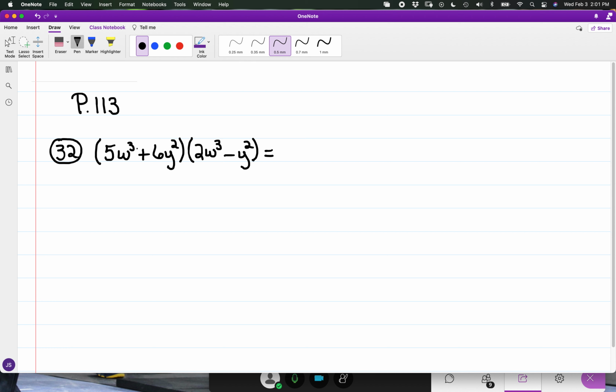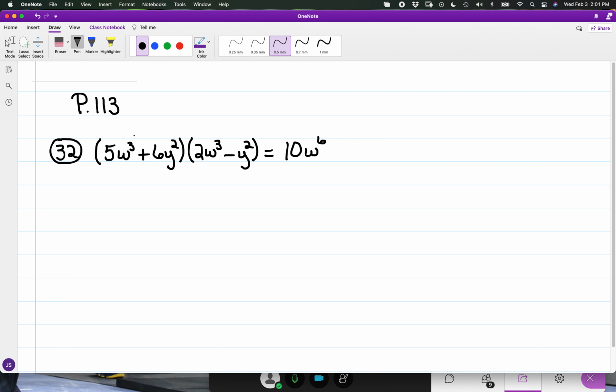Now for the first product, we have the leading terms from each binomial to be 5w cubed and 2w cubed. If I multiply these two terms together, 5 times 2 is 10, and w cubed times w cubed is w to the 6th. So 10w to the 6th is the first product.